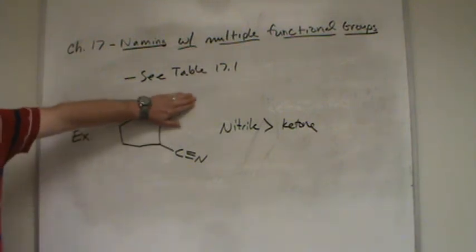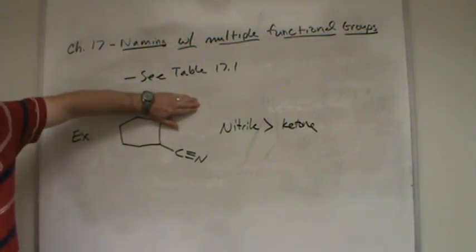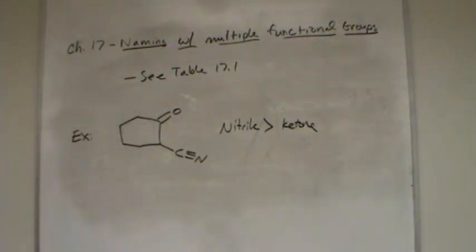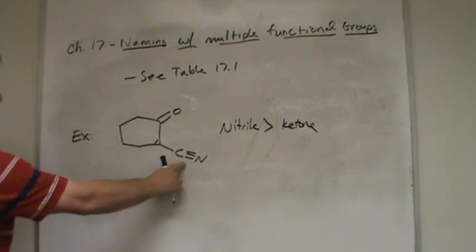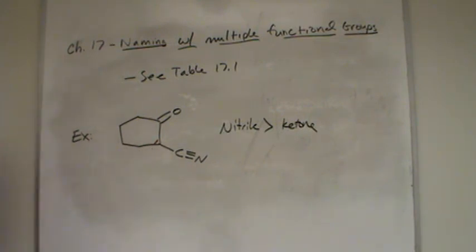If we didn't have the ketone and I asked you to name this, you would say cyclohexanenitrile, right? You're going to do the same thing, but just indicate that we have the ketone there as well. So this is position number 1 because our high priority group is attached at that position. This is going to be carbon number 2.